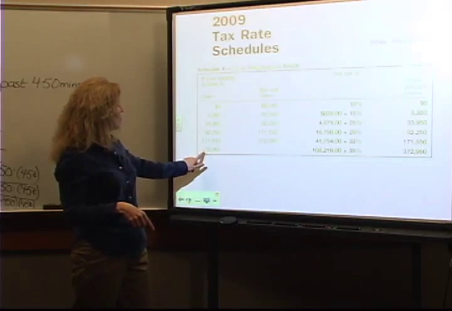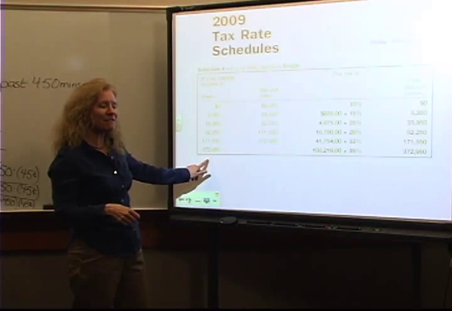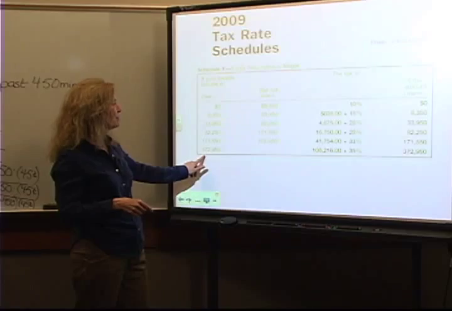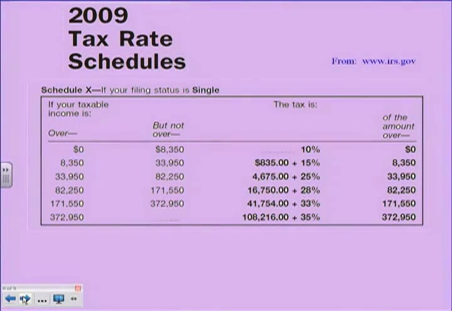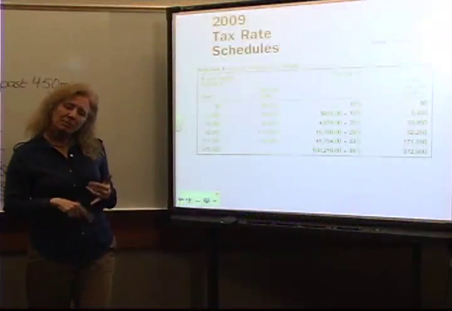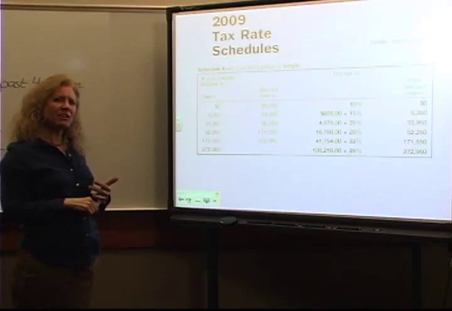Once your income goes over $372,950 taxable, all those deductions have come off, you're paying 35% on any of your income above that amount. Now again, I thought you might be interested in some income tax information, and I hope you all get up to that 35% bracket. But the point is that the piecewise functions are actually very useful in life.